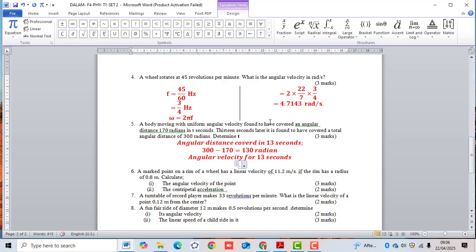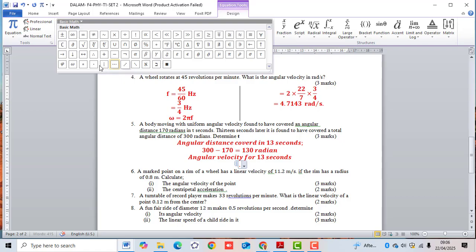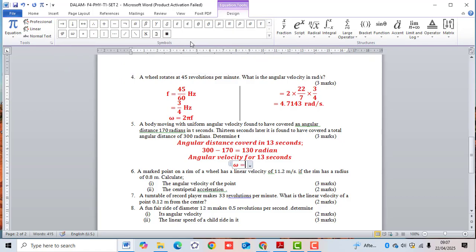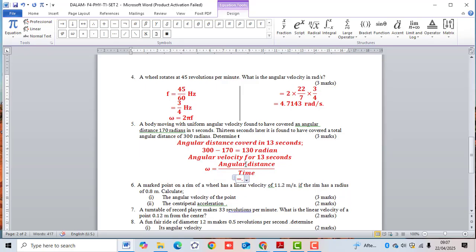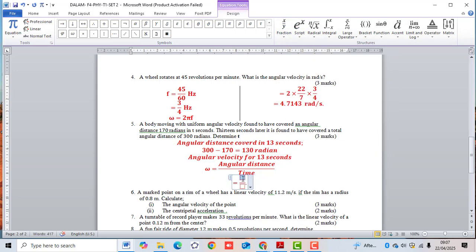The angular velocity is given by the angular displacement or distance divided by the time taken. And this one now will be the angular distance, 130, and the time available is 13.